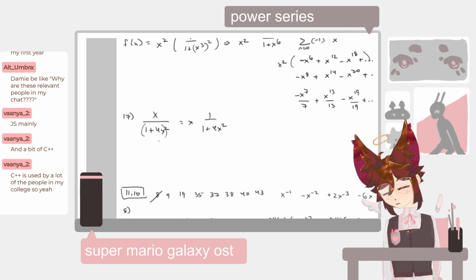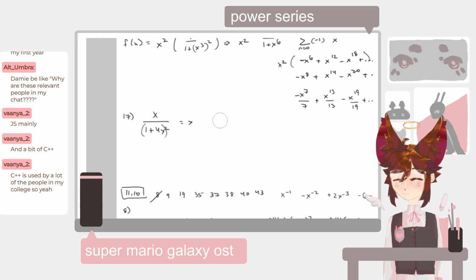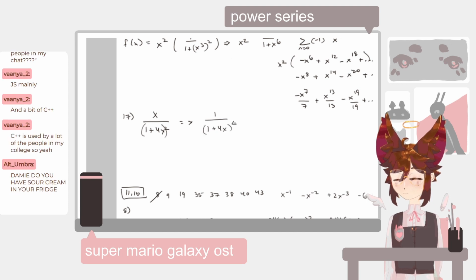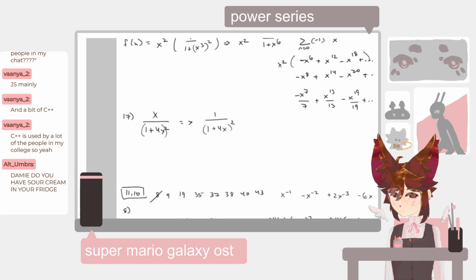Oh god, it's 1 plus 4x quantity squared. I'm having a time of it. What power series is this? What? How?